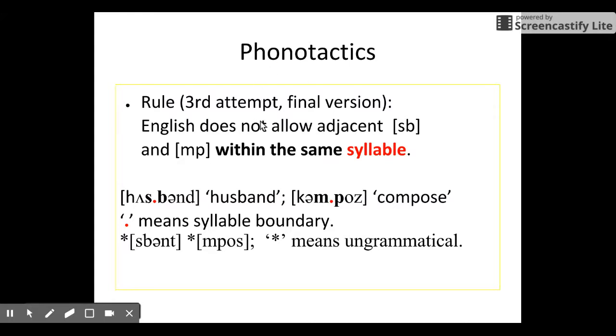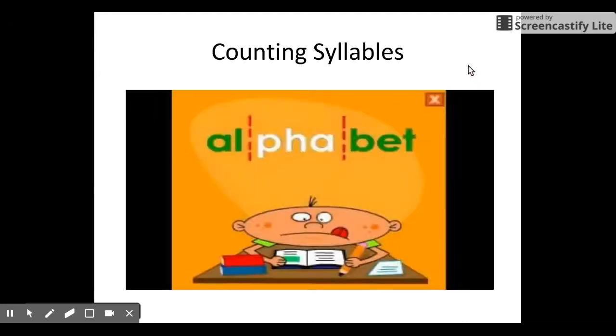So they are okay from this rule. And on the other hand, this is one single syllable and sp is in the same syllable. This shows the same point, so they are ungrammatical. We use star to indicate ungrammatical string or sounds. Okay.